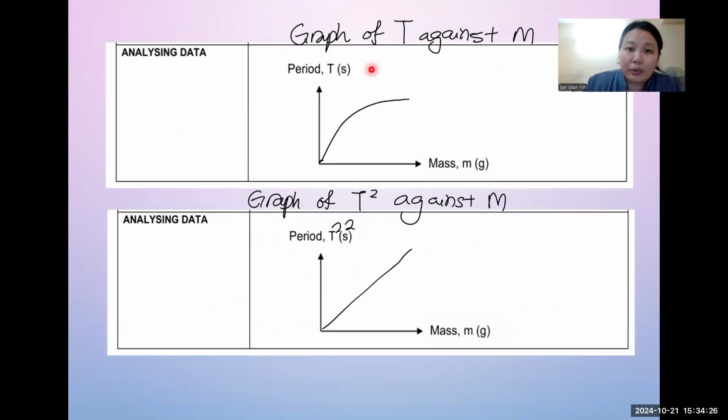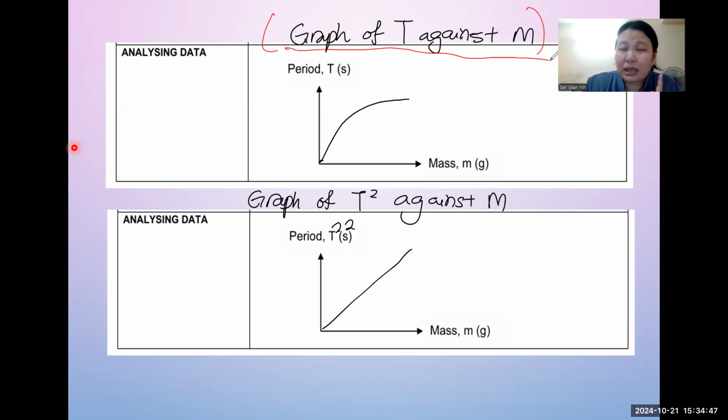Okay, so for example, the graph is like this. Okay, so actually you don't have to miss 1 mark. If let's say I feel too stressed, I cannot draw the graph. Okay, never mind, you just do one more thing.